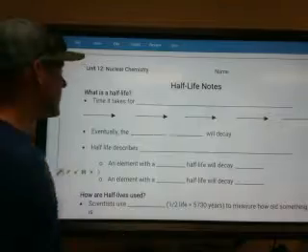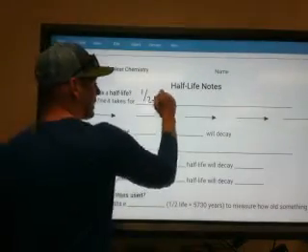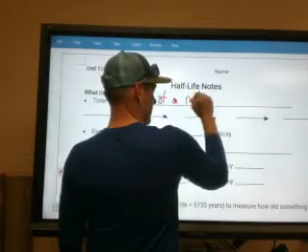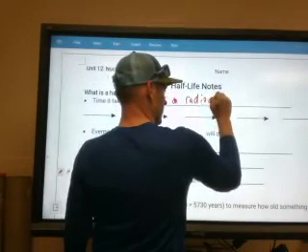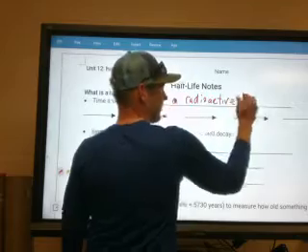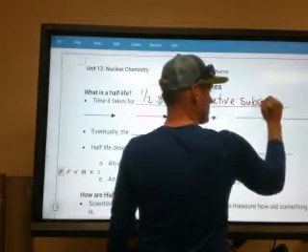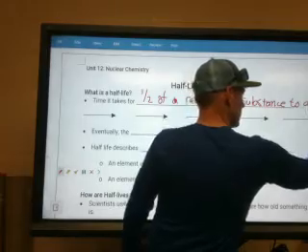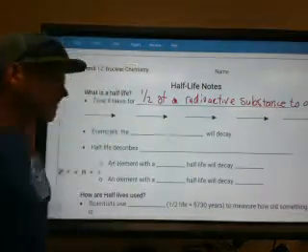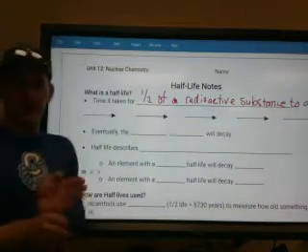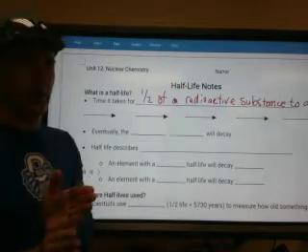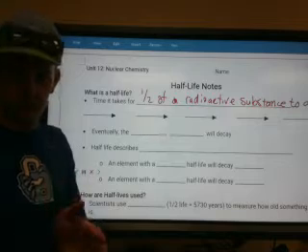So half-life is the time that it takes for half of a radioactive substance to decay. Now, it doesn't work that neatly. If something has a half-life of, say, 10 hours, then after 10 hours, you don't have exactly 50% of it.